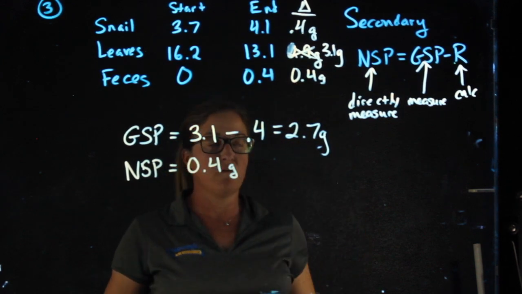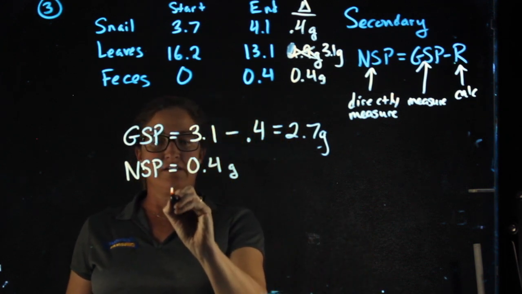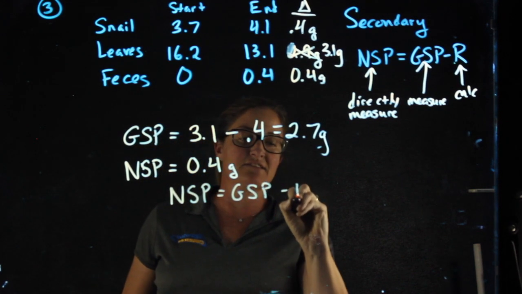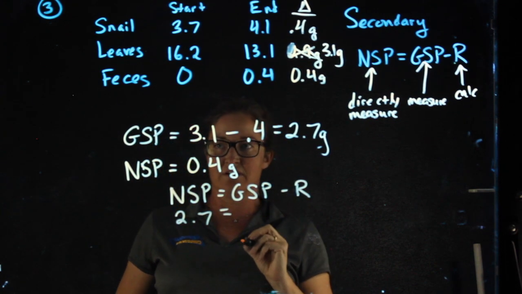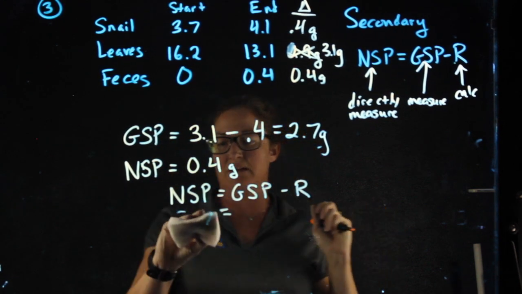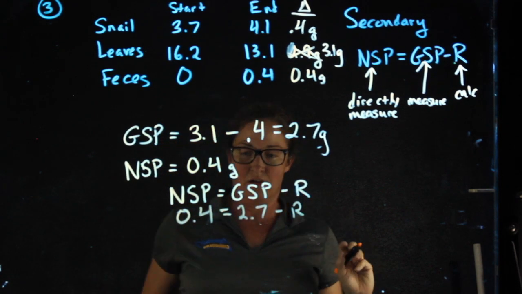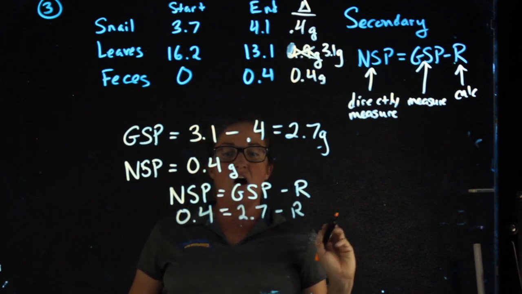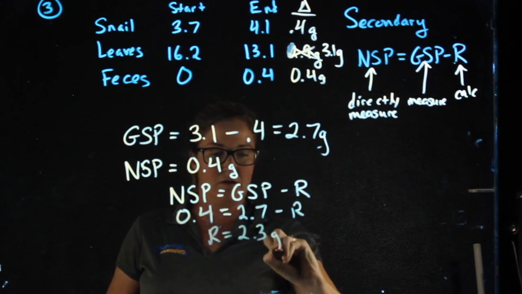0.4 grams over the course of these 2 weeks is the net secondary productivity. Now we can calculate the respiration. NSP equals GSP minus R. Let's try that again, 0.4 equals 2.7 minus R, which means R must be 2.3 grams.